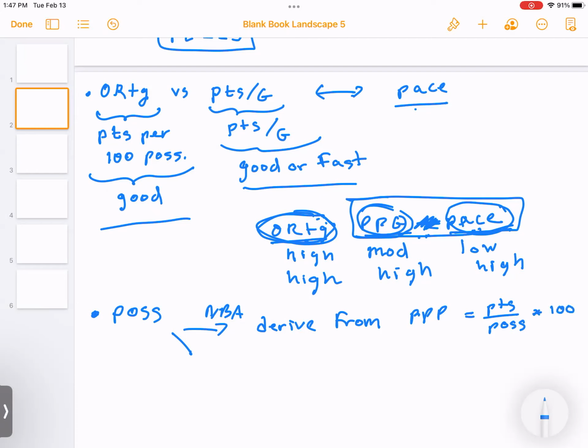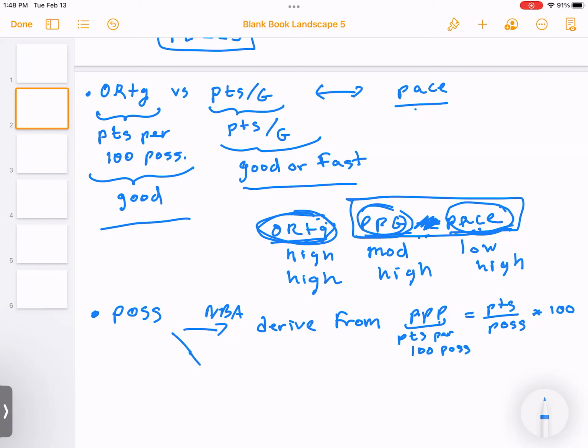I hope this makes sense. And even though it doesn't say per 100, this is what this is. So this is points per 100 possessions. Okay, so if I know points and I know PPP, and that's on there, then I can find the raw number of possessions that they're using, at least for this data. Might not be exactly the same as the actual number of possessions.